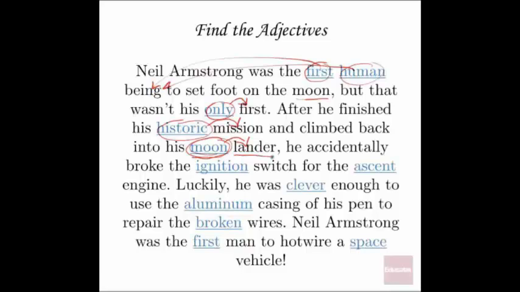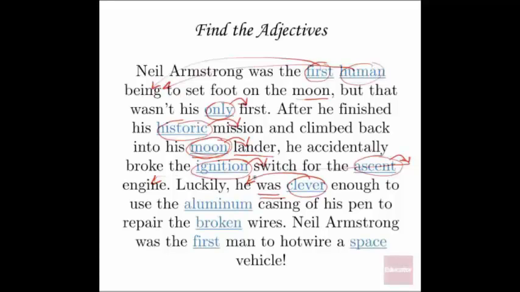He accidentally broke the ignition switch. Ignition, another noun that's acting like an adjective in this case because it's modifying the noun switch. For the ascent engine, luckily he was clever enough. Oh, here's a linking verb. So clever actually goes back to modify the pronoun he.